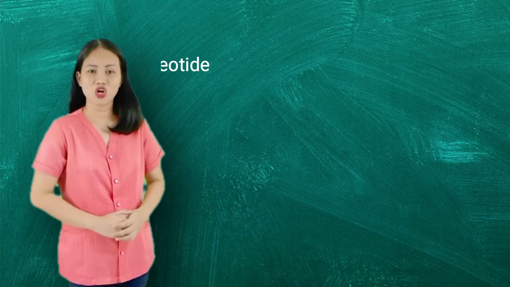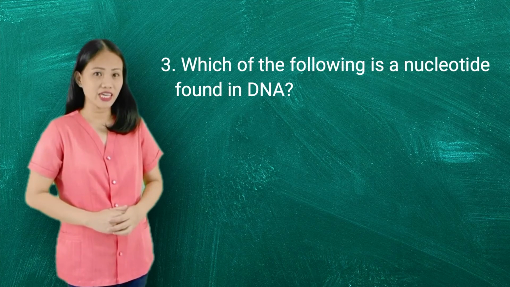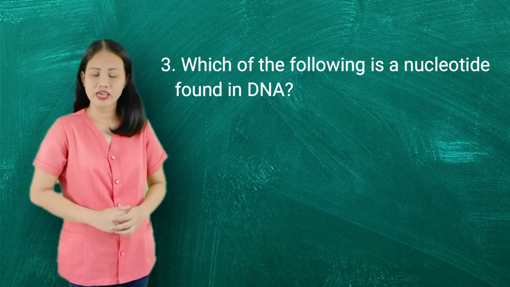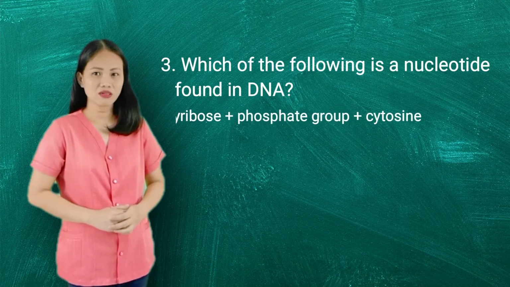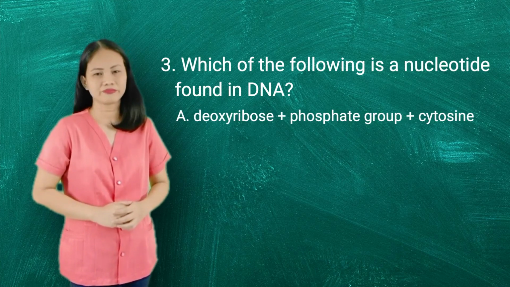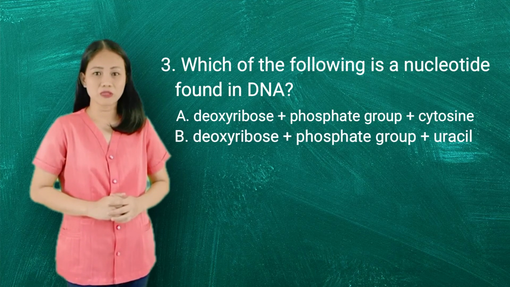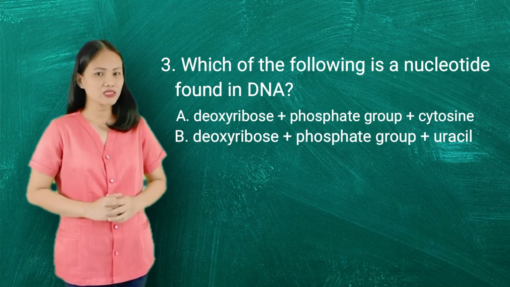Number 3. Which of the following is a nucleotide found in DNA? A. Deoxyribose plus phosphate group plus cytosine. B. Deoxyribose plus phosphate group plus uracil.